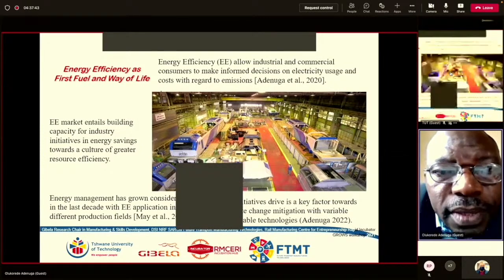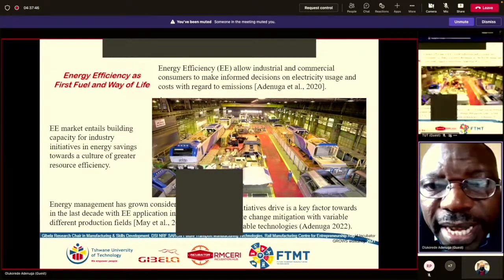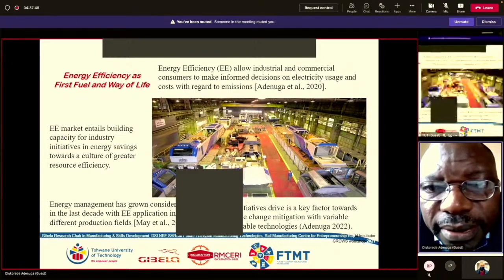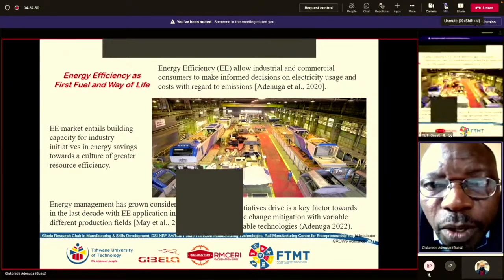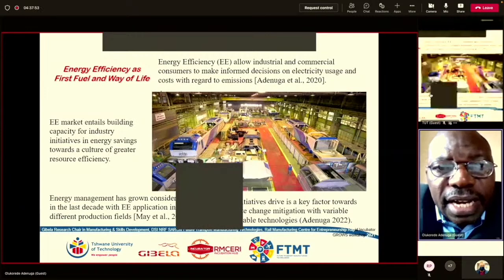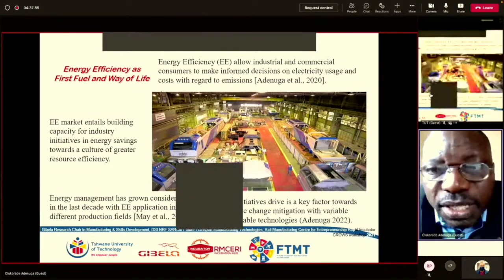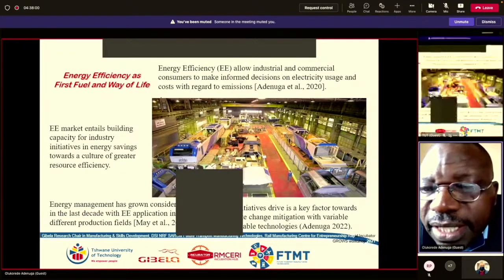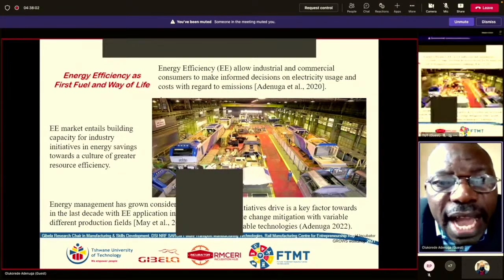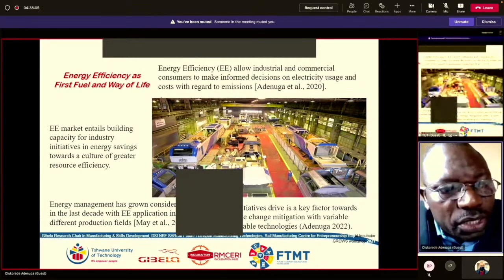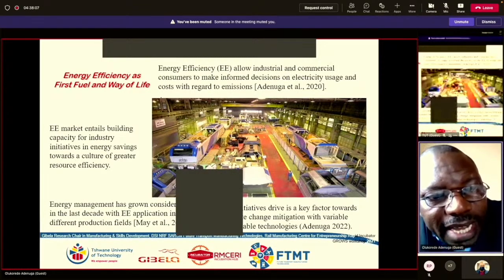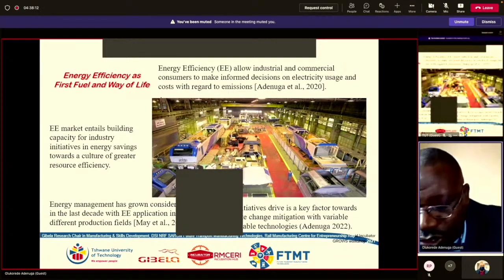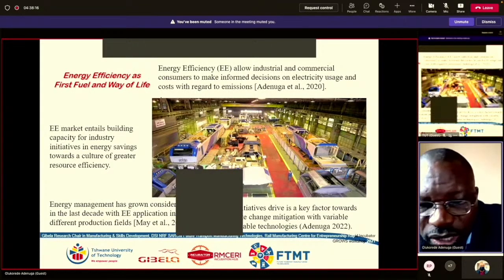From literature regarding energy efficiency, with the paper published, it allows industry and commercial consumers to make informed decisions based on the knowledge of the electricity usage and cost with regard to emission. And we have seen that the energy efficiency market entails building capacity for industry in terms of initiative for a culture towards resource efficiency.